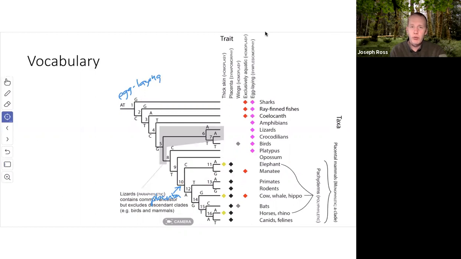So one last point, one more piece of vocabulary that we haven't talked about yet, and that's paraphyly. We've talked about, actually two more. We've talked about monophyly. There's polyphyly. That's where individuals like the pachyderms seem to have the same trait, but they're not close relatives of each other. They don't all derive from a single ancestor exclusive to them.